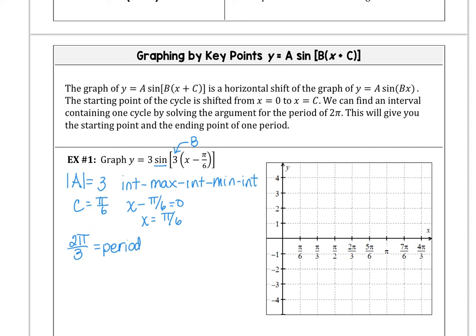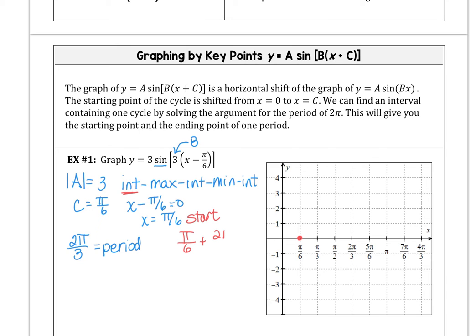And we can get our stopping point, I like to do this. If this is our starting point at pi over 6, and it's going to be an intercept, and then we have to go 2/3 of a pi. So 2/3 of a pi from our starting point, pi over 6 is where we start.